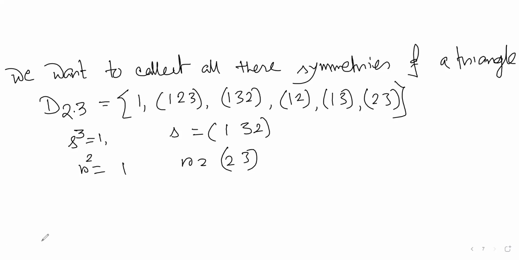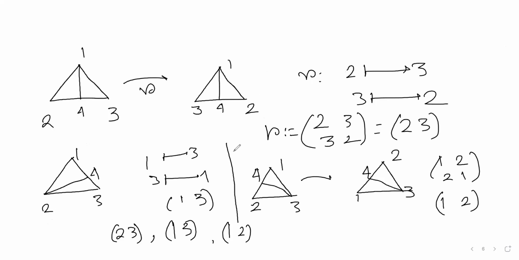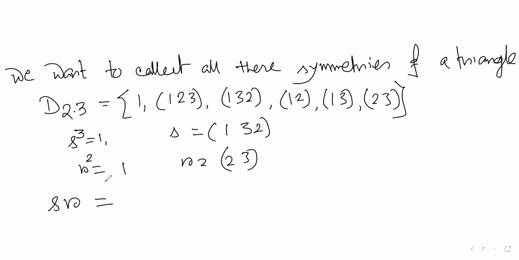Okay, now if I do SR, SR means first I reflect with the 1 4 axis, then I do the rotation. Okay, what do I get here? (1 3 2): 1 goes to 3, 3 goes to 2, 2 goes to 1. Then (2 3): 2 goes to 3, 3 goes to 2, so 1 goes to 1.